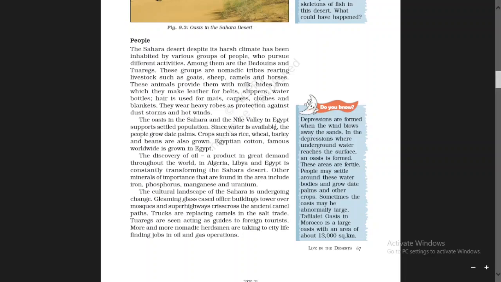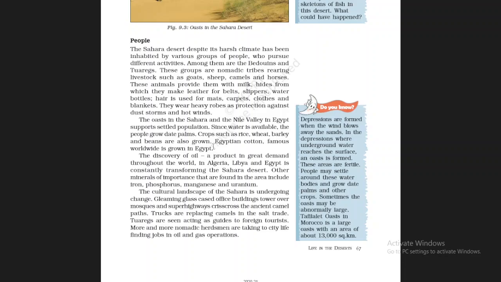Since water is available in some areas, the people grow date palms. Crops such as rice, wheat, barley, and beans are also grown there. Egyptian cotton, famous worldwide, is grown in Egypt.